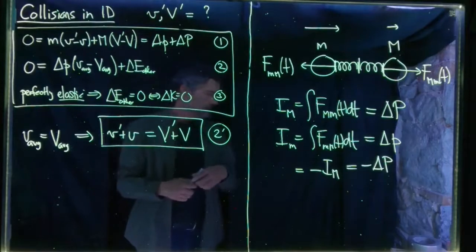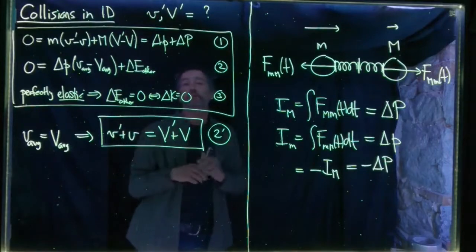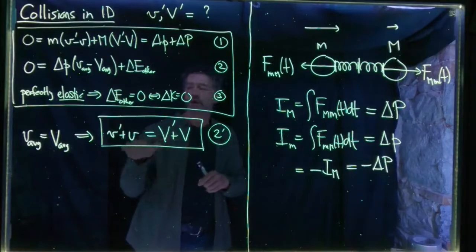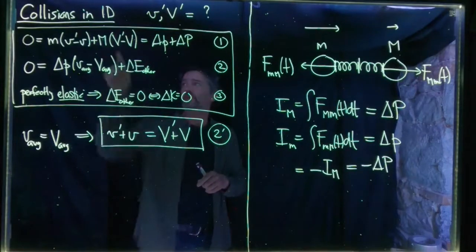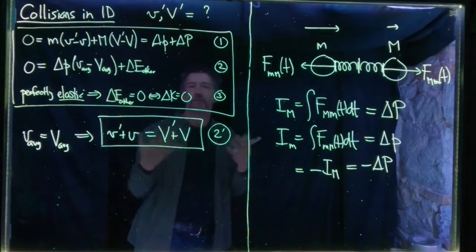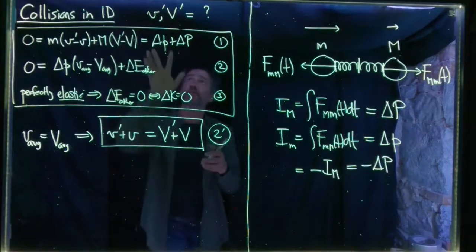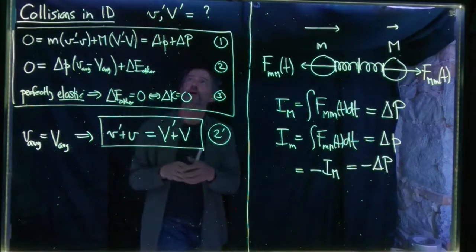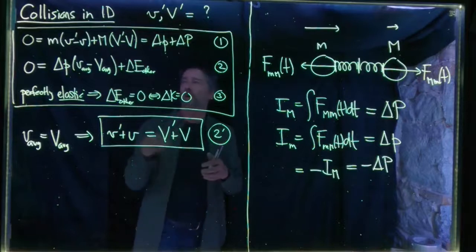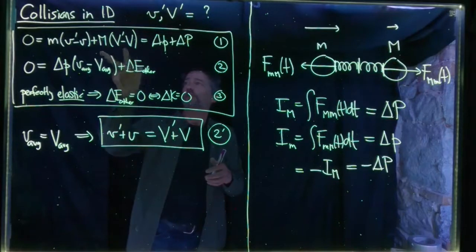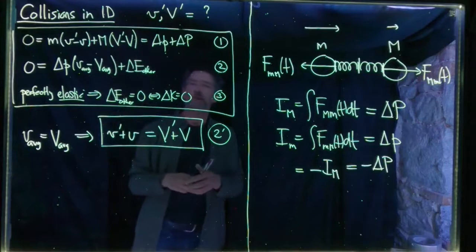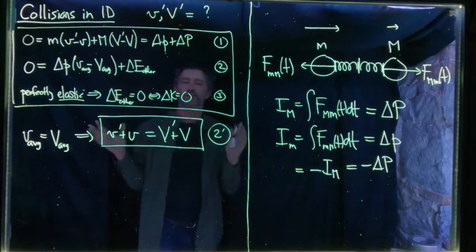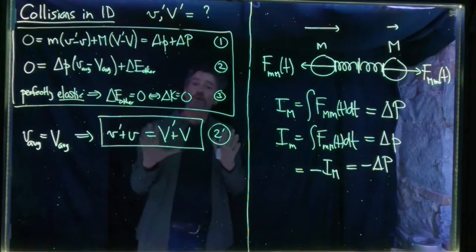Now I'm going to assume that all of you know how to solve two equations in two unknowns. You can do that by substitution, substituting, say, little v prime into this equation and playing around with the equations, eventually solving for the two unknowns, little v prime and big V prime, in terms of the initial velocities that we were given, little v and big V. Or if you know a little bit about matrices, this is a very simple 2x2 matrix.